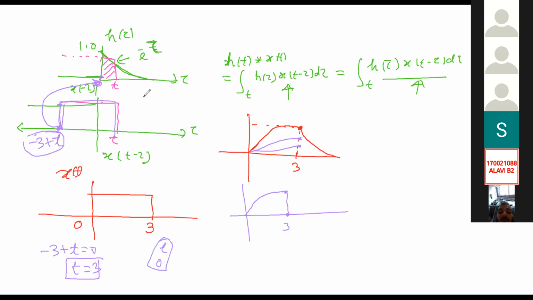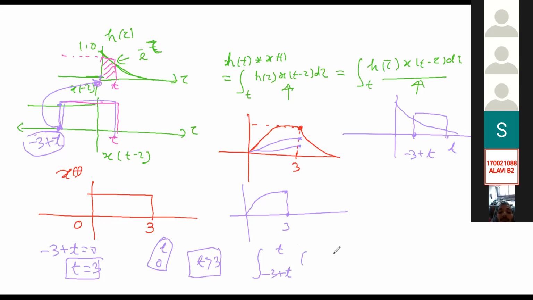In this case, if your t is greater than 3, then from where to where do you need to integrate? Sir, because from t greater than 3, your pulse will be going here. This is your minus 3 plus t, this is your t. Your integration will be from minus 3 plus t to t, isn't it? Yes, sir.